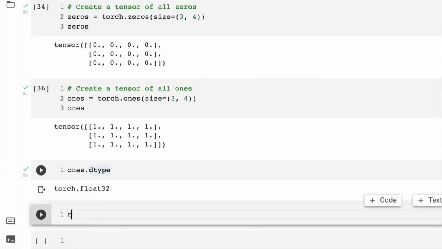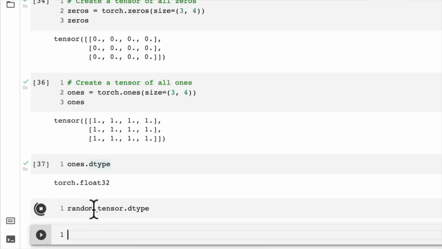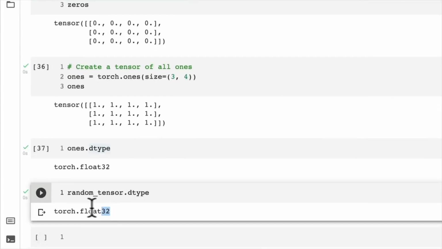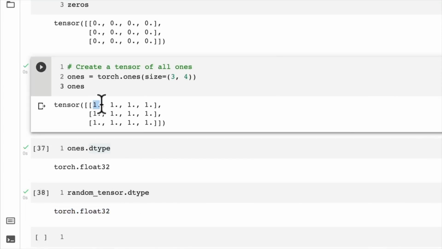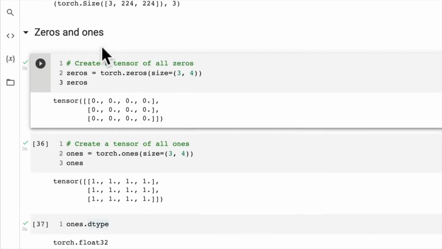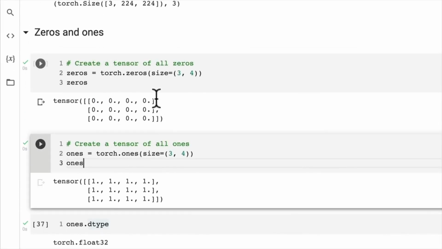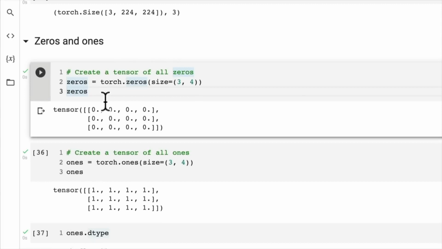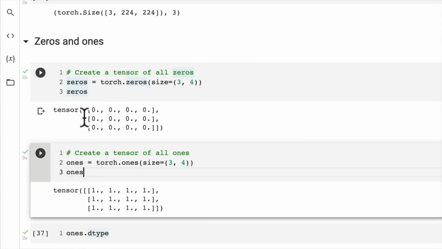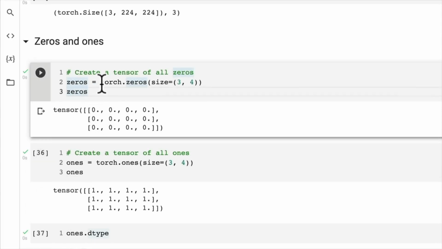We've actually been using torch.float the whole time, because whenever you create a tensor with PyTorch, we're using a PyTorch method, unless you explicitly define what the data type is. We'll see that later on, defining what the data type is. It starts off as torch.float32. So these are float numbers. So that is how you create zeros and ones. Zeros is probably, I've seen, more common than ones in use, but just keep these in mind. You might come across them.